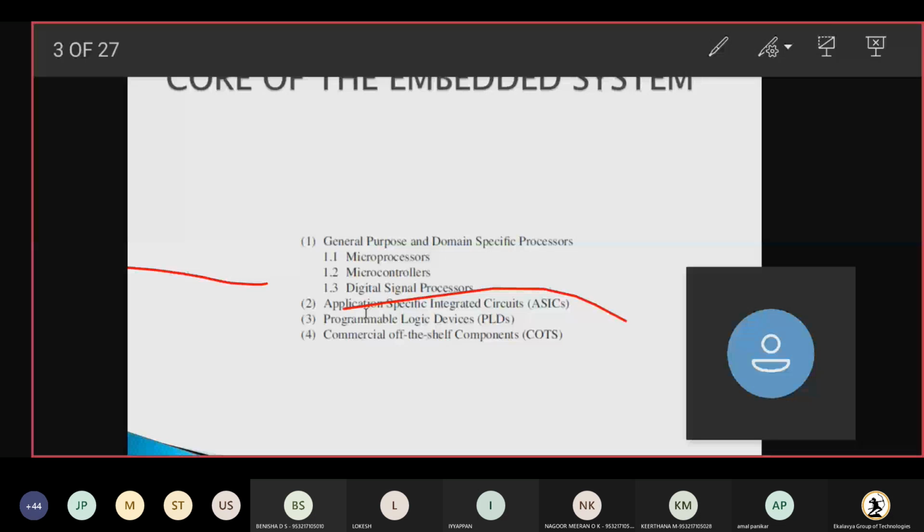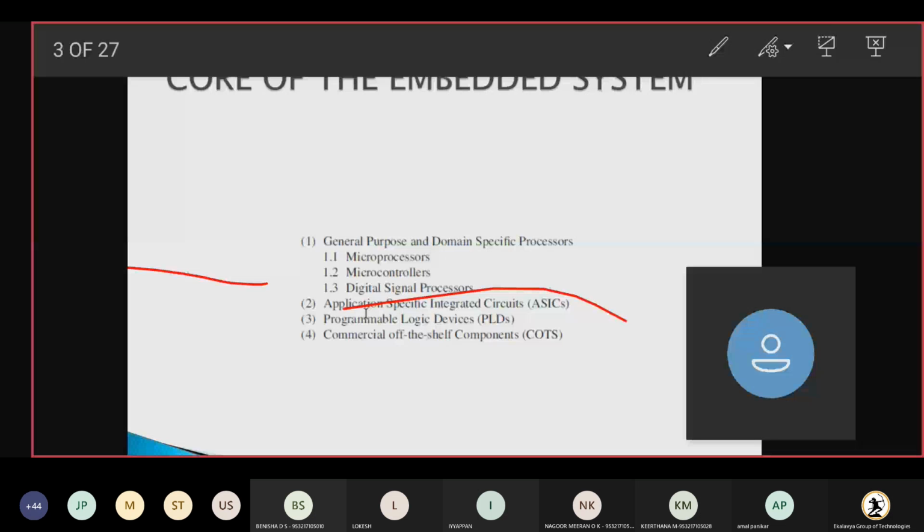Let us take, I need a USB connector, I need a Wi-Fi connection, something like that. So the user will choose. In the SoC we have some fixed ones, whereas here we can choose. For example, a Raspberry Pi or BeagleBone. These are the examples for this.